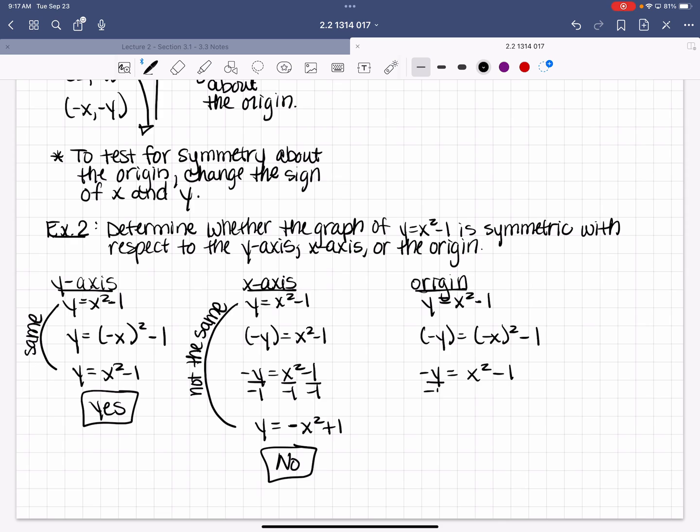Divide everybody by negative 1. That'll give me y equals negative x squared plus 1. Is it the same? No. Nope, not the same. So that's a no. So you do find that it only is symmetric about the y-axis, correct? Yeah. Okay.